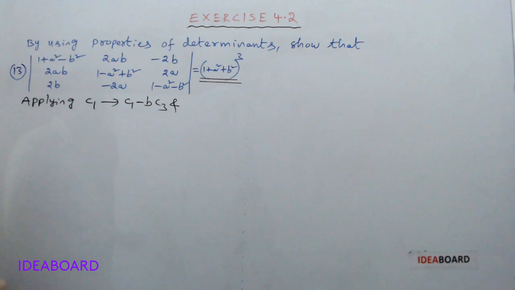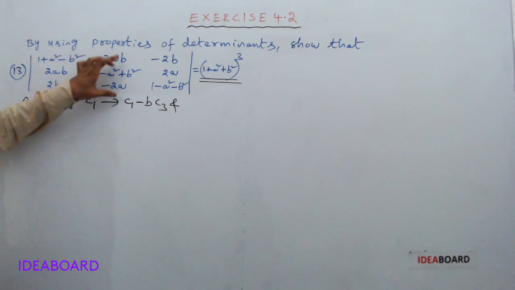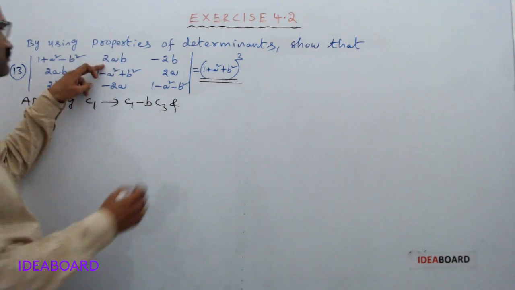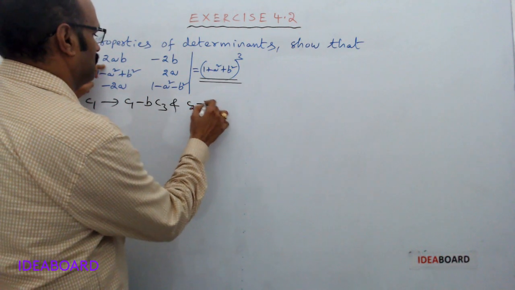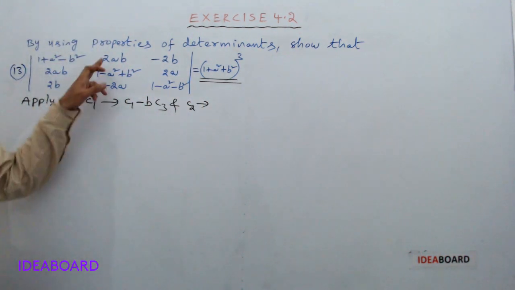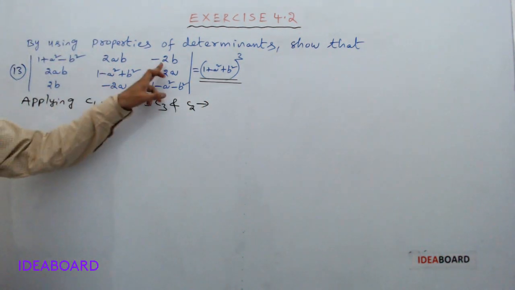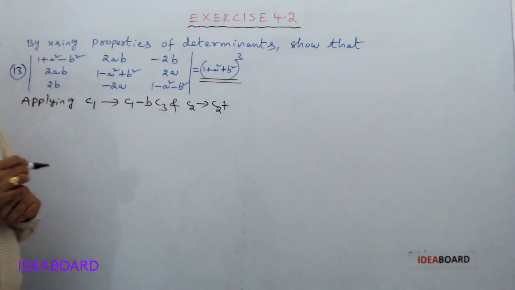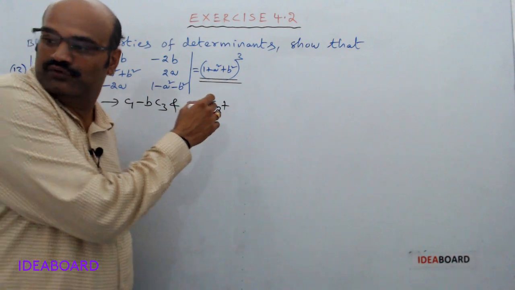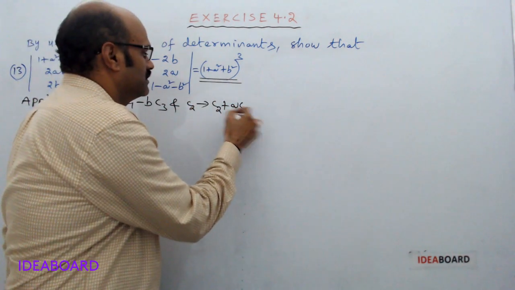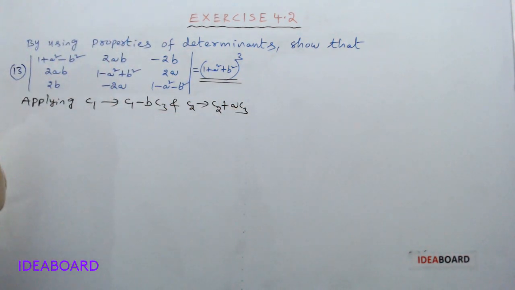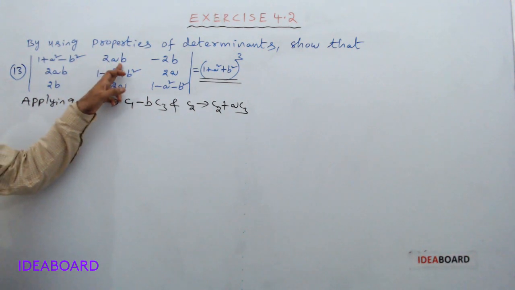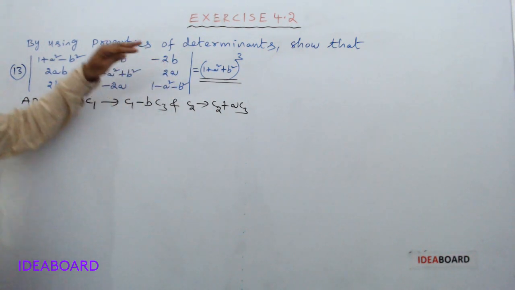And C2 changes to C2 plus A into C3, because 2AB minus 2AB becomes 0 here.